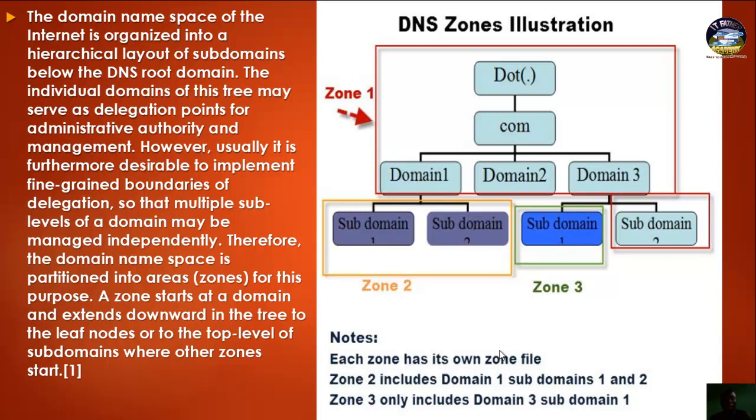So this is zone 2, this is zone 1, and this is zone 3. Note that each zone has its own zone file. So zone 2 includes domain 1, subdomains 1 and 2, and zone 3 only includes domain 3, subdomain 1. So let's move on.